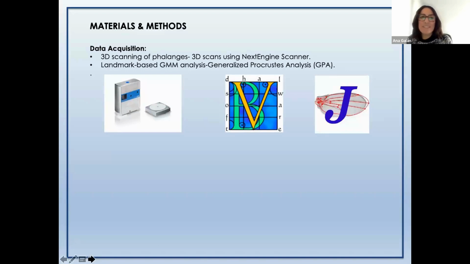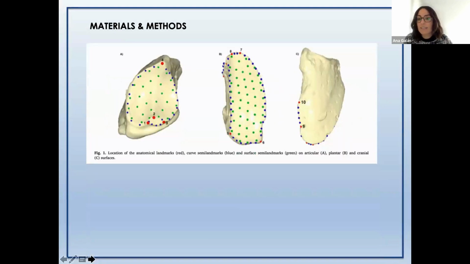Regarding the materials and methods, specimens were scanned using a 3D laser scanner. We use 3D geometric morphometrics to analyze shape variation. Landmarks and semi-landmarks were placed on the phalanges to capture the morphological differences, and this is the distribution of the landmarks.